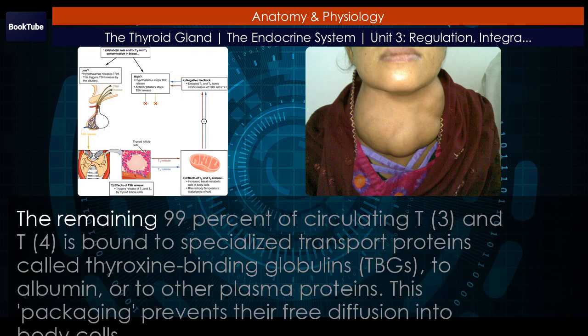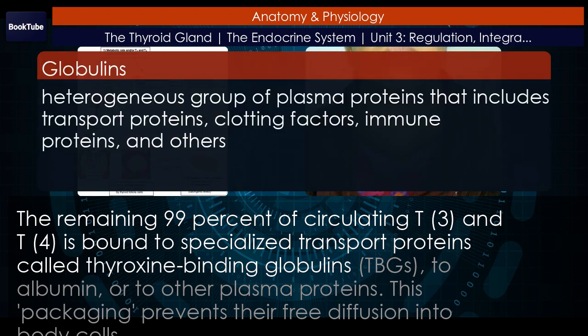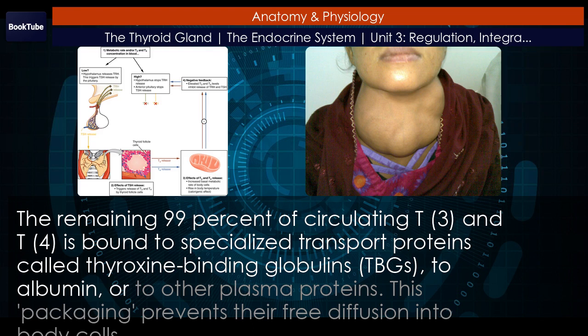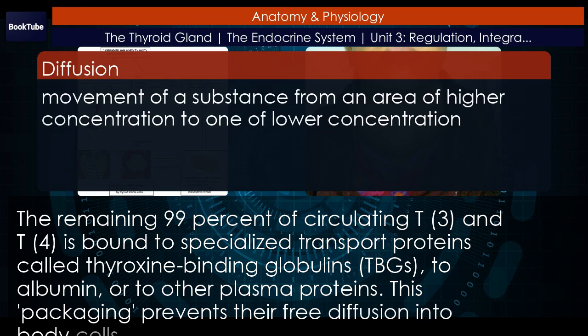The remaining 99% of circulating T3 and T4 is bound to specialized transport proteins called thyroxine-binding globulins, TBGs, to albumin, or to other plasma proteins. This packaging prevents their free diffusion into body cells.